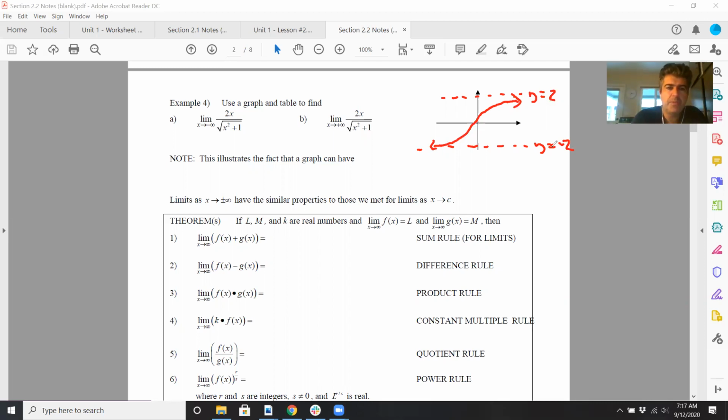So, obviously we could just state our answers here. And you can make a table if you want. You could plug in like -1,000 or +1,000 and see what happens. But what this illustrates is that you could have 2 horizontal asymptotes. That's also a possibility.